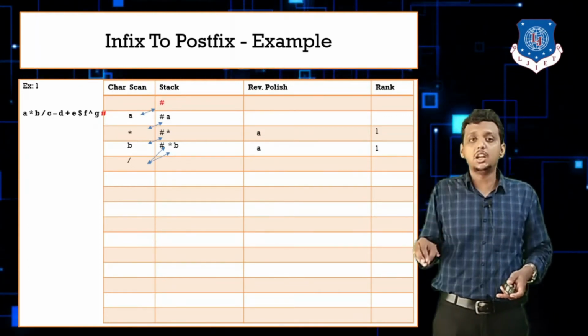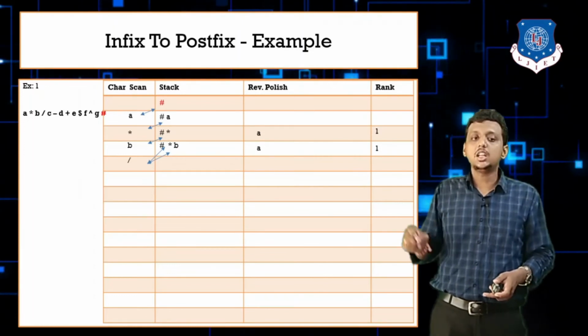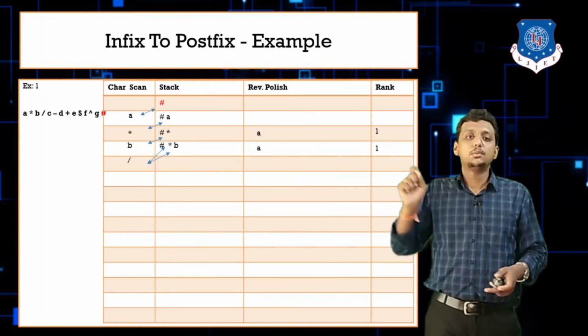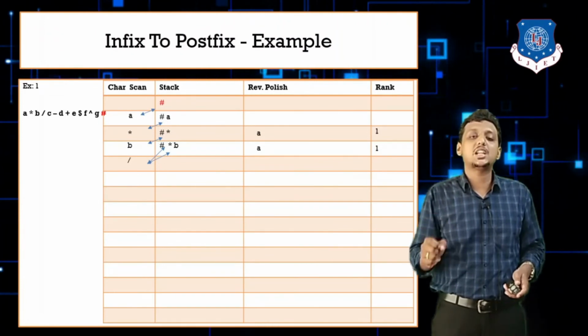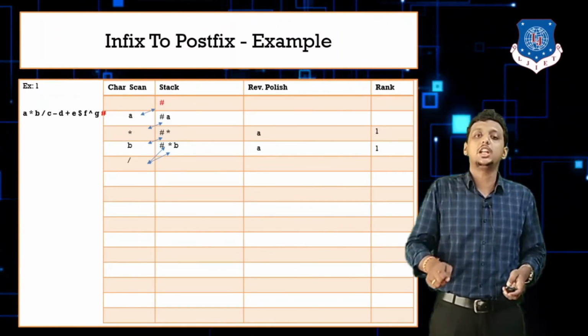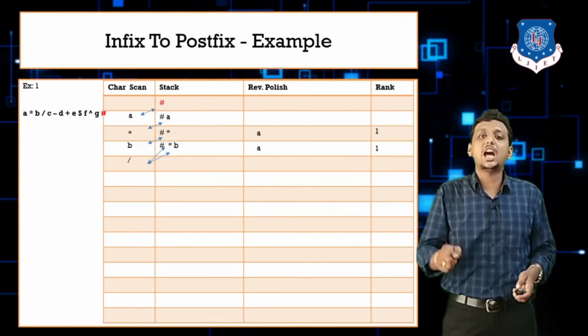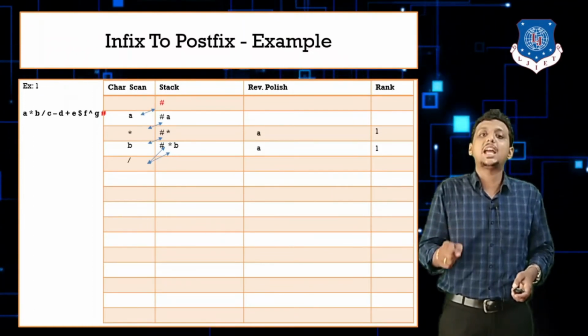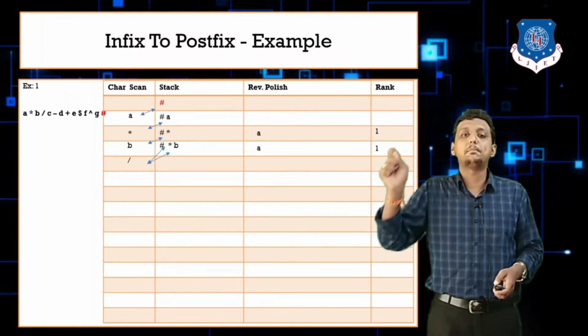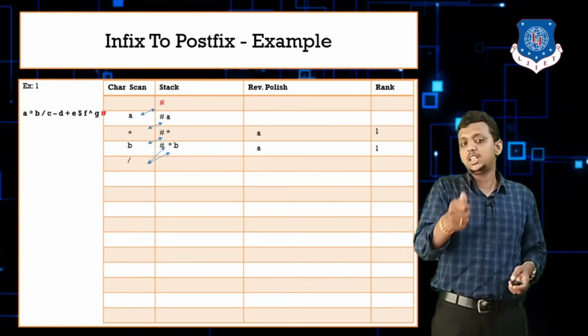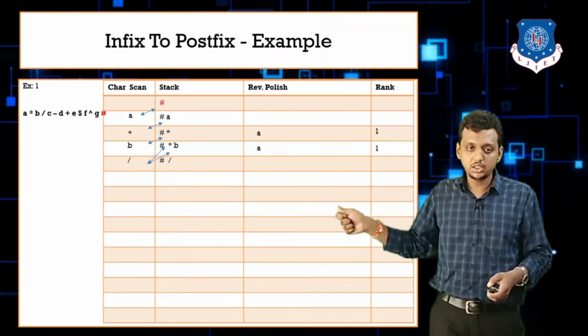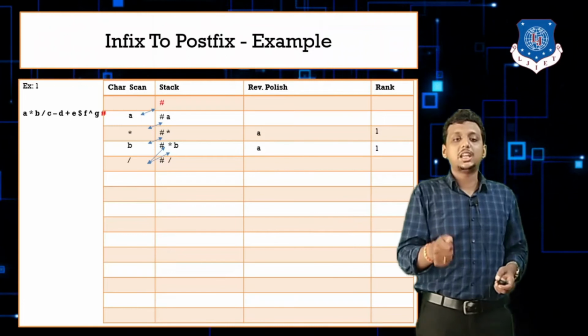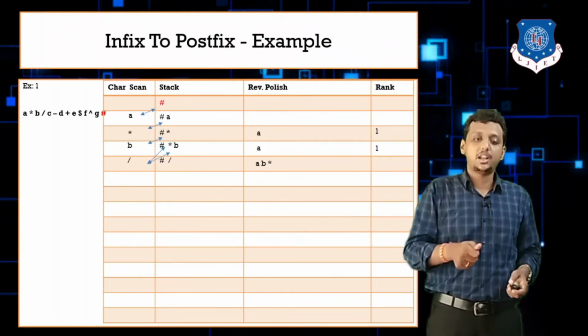Here, division and star both have the same precedence, so we need to perform the pop operation, so that star is also popped out from the stack and appended after b. So my stack contains hash division, and my reverse polish contains a, b, star.